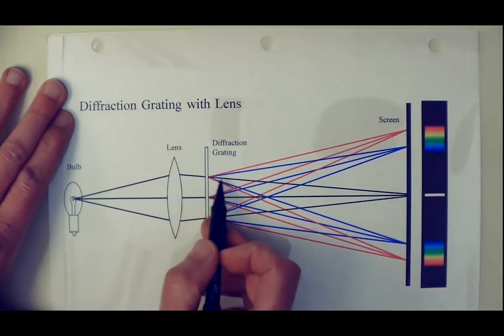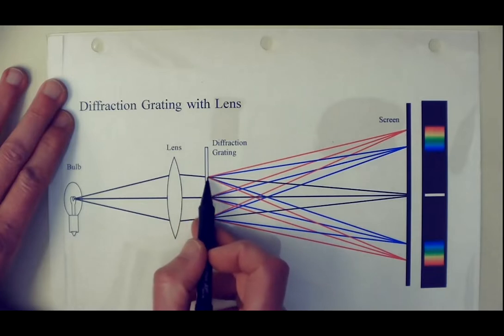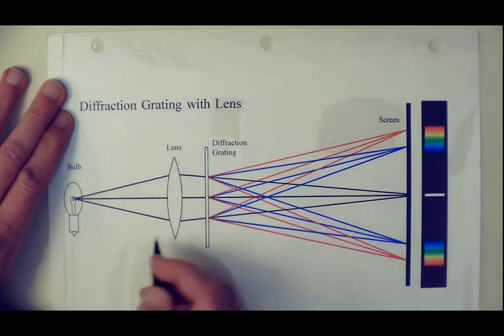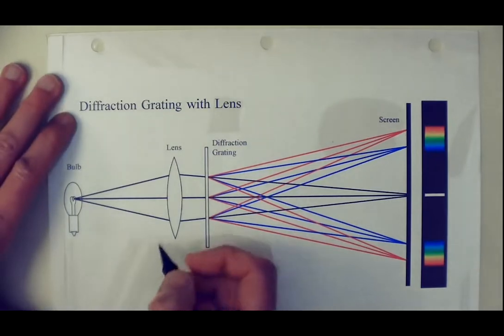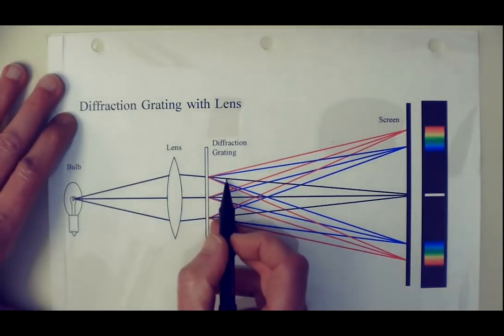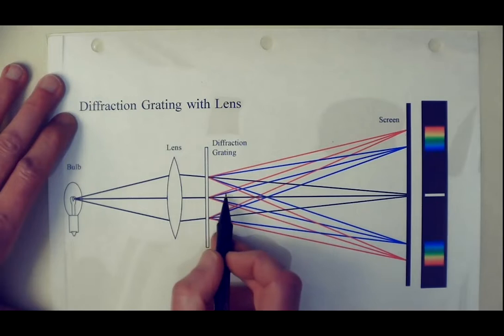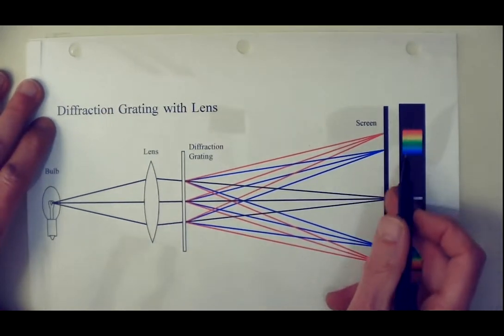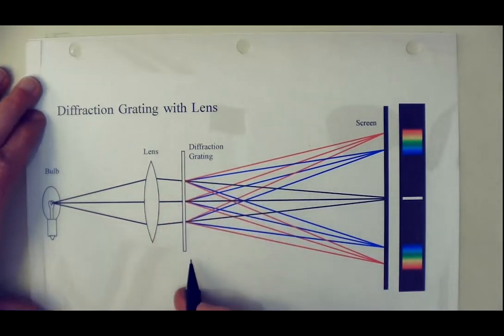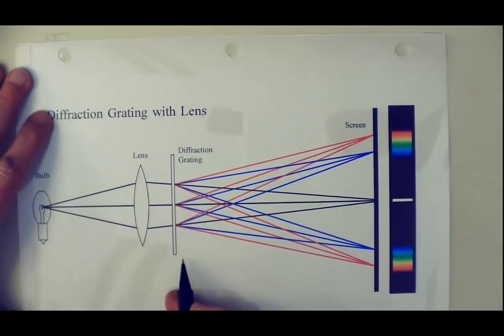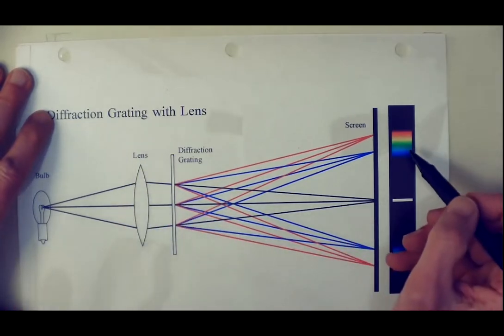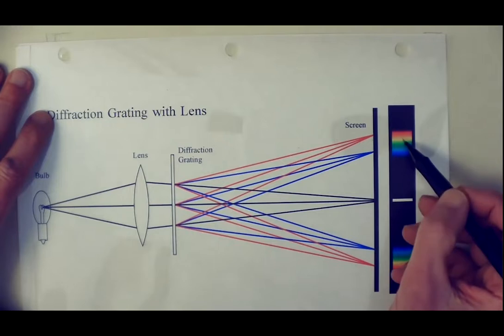At each of these lines where the ray comes in at a little bit of an angle, it gets deviated by that same angle we calculate using n lambda equals d sine theta. It's that same angle here as it is down here. But this is the way you can create a nice spectrum. Diffraction gratings are often used in this way, so that if you're trying to see what colors are present in a light, pass it through a diffraction grating, use a lens to focus it nice and sharply, and you'll get a beautiful spectrum like this.